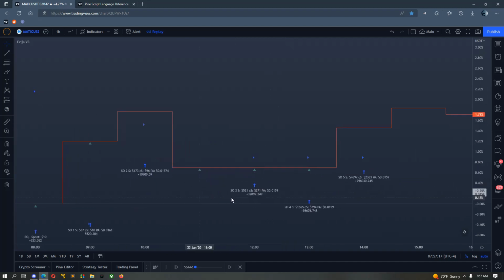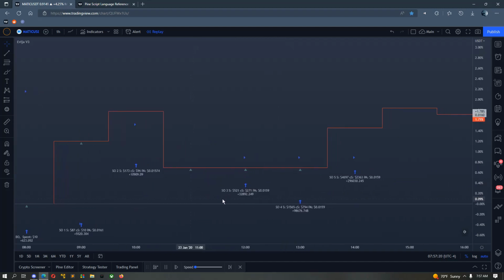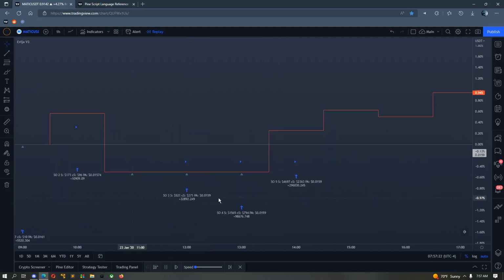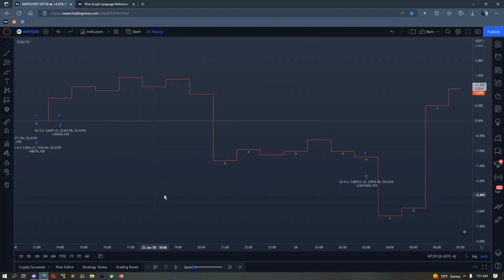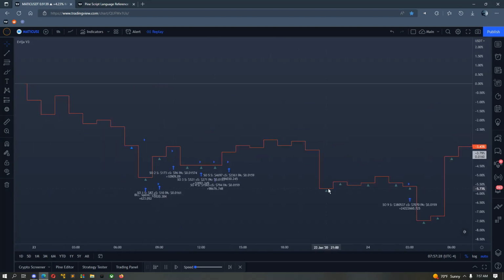Everything looks pretty good. Now when it does that, sometimes I don't understand why it does that, where it skips certain safety order signals.